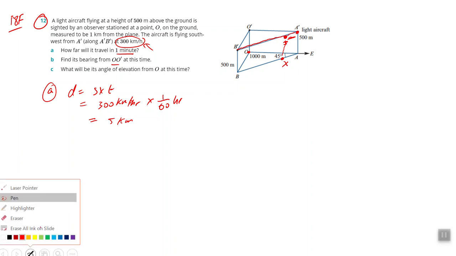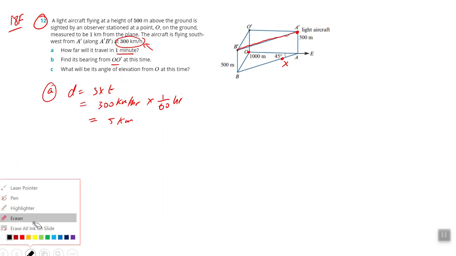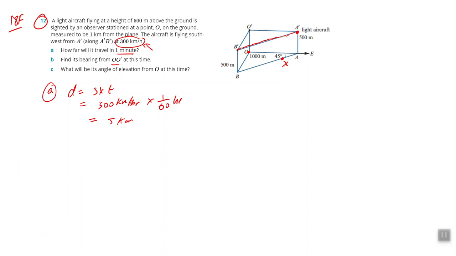So it's traveled 5 kilometers up top from A to that place, and if I project it down, I just find the bearing from O to X.